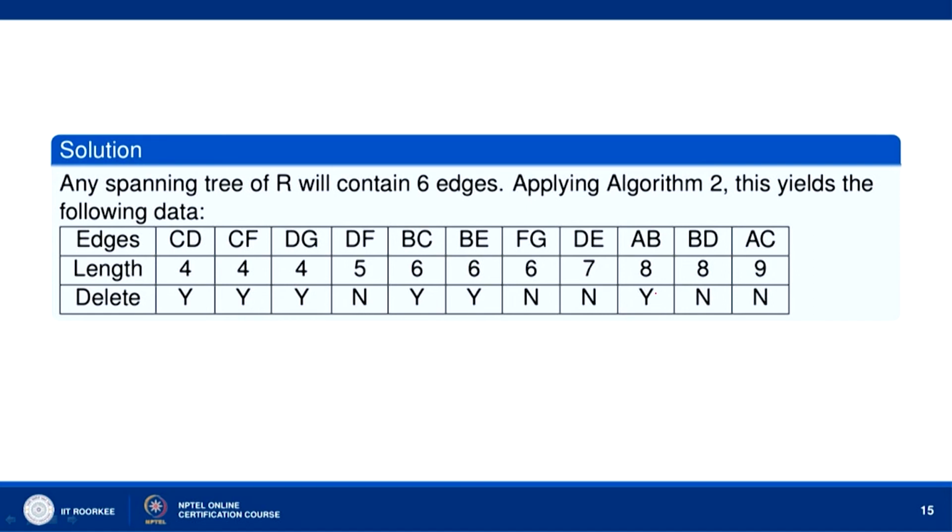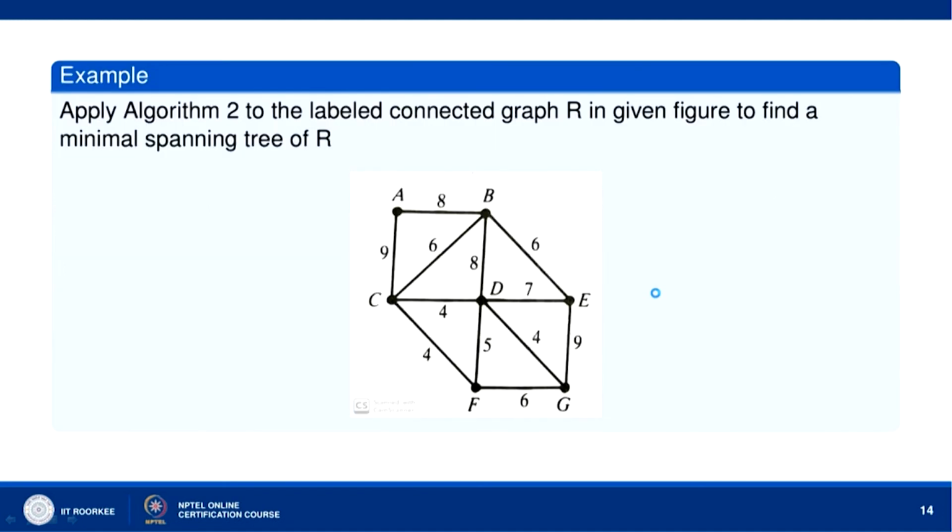Now, how many vertices are there? 1, 2, 3, 4, 5, 6, 7 vertices. Number of vertices is equal to 7.